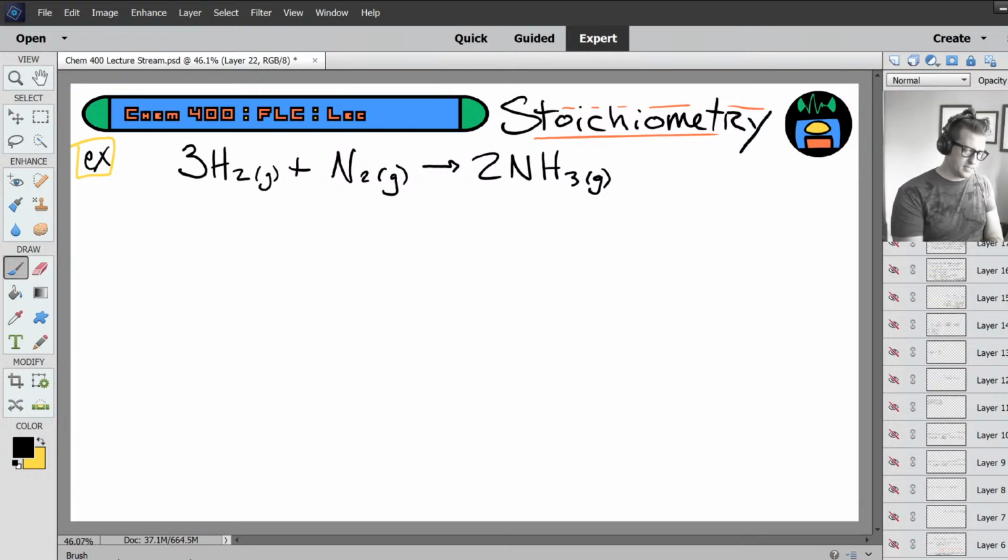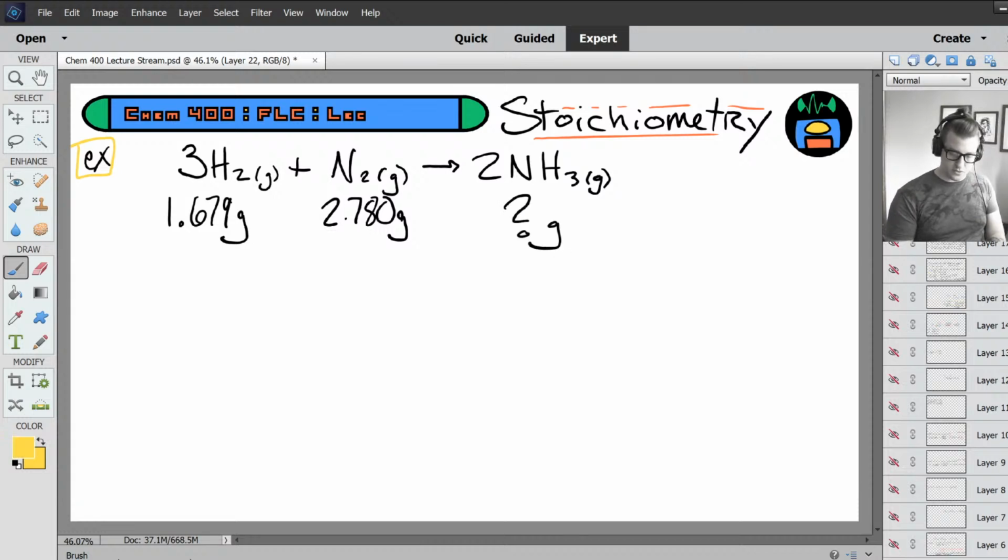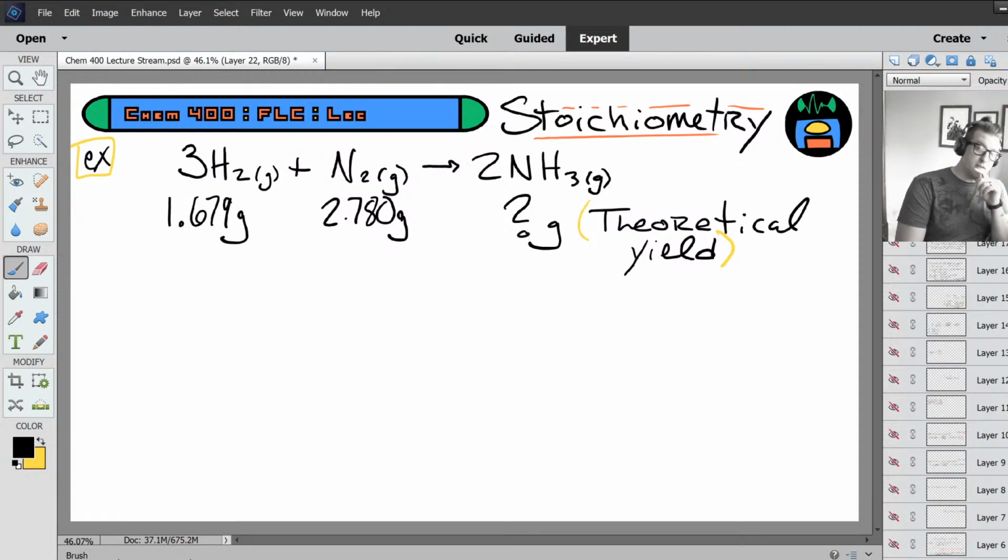Let's say that we mix 1.679 grams of hydrogen together with 2.780 grams of nitrogen, and I ask you to find the theoretical yield of ammonia in grams. This is a different kind of problem.